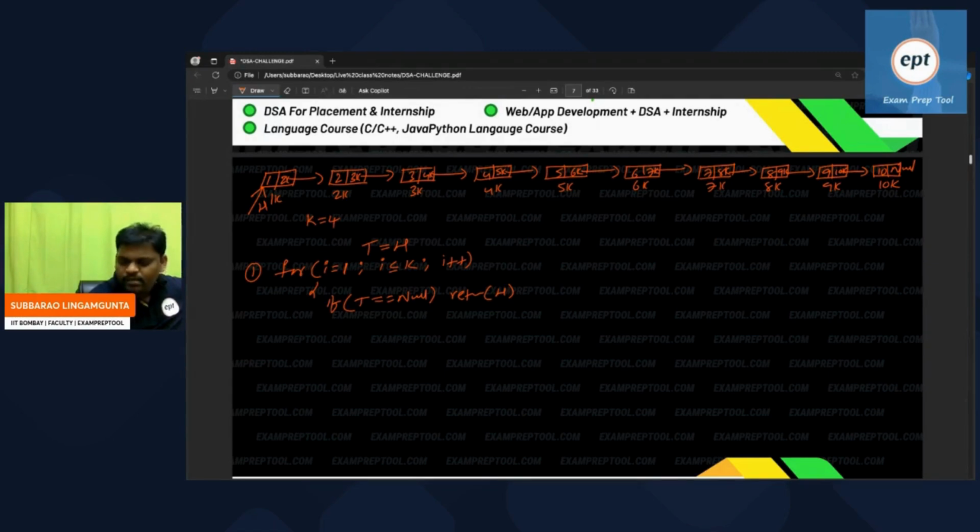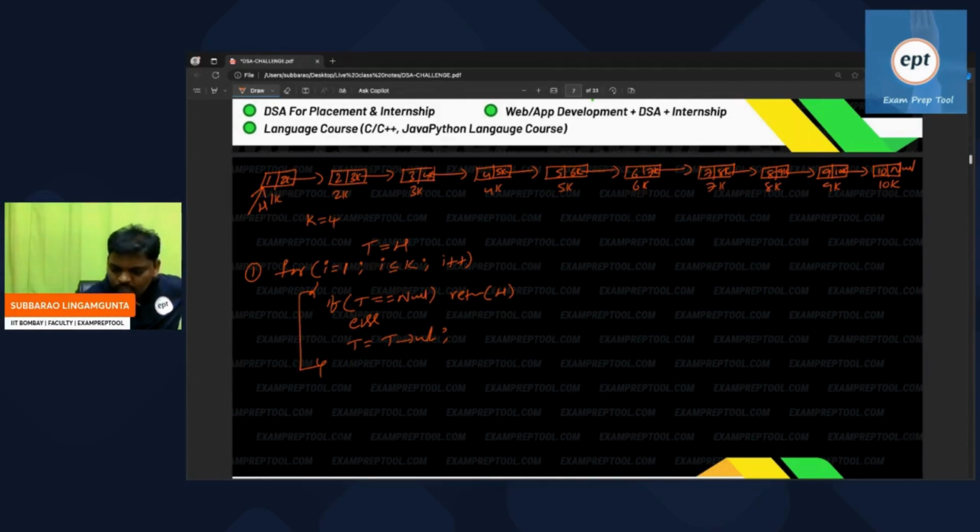Suppose node is there. Then what you do is, else t is equal to t next, then go to the next node. So this loop will repeat k times. First time it will check whether the first node is there or not. If the first node is not there, return head saying that I cannot reverse the k people because the node is not there.